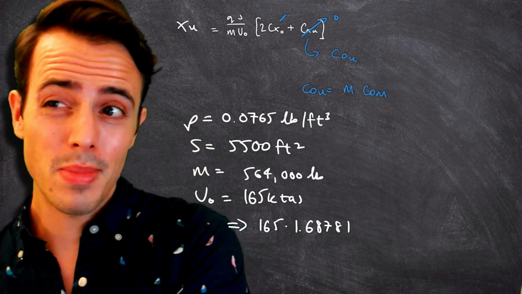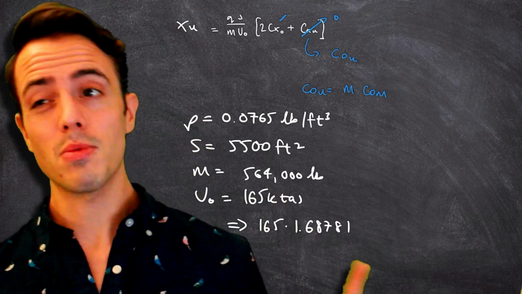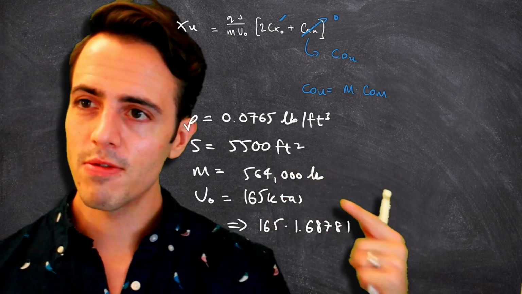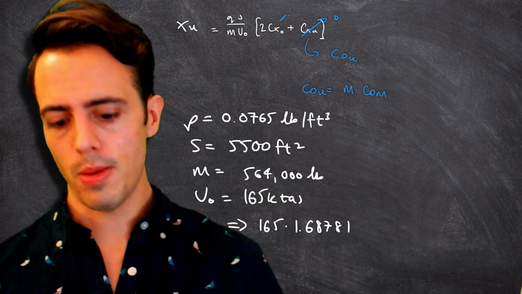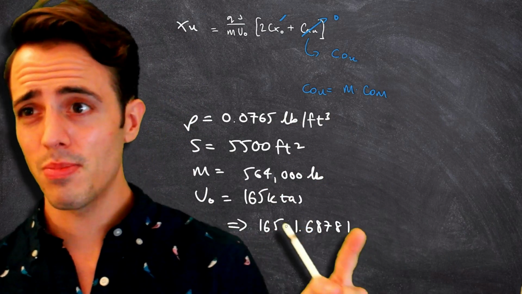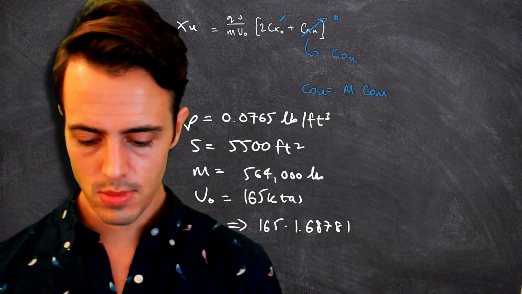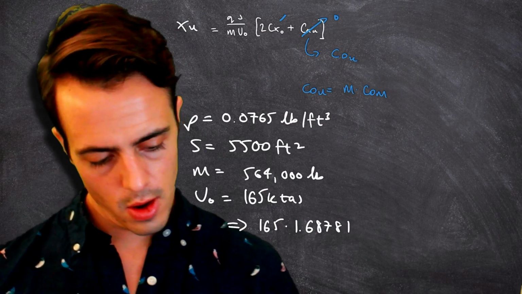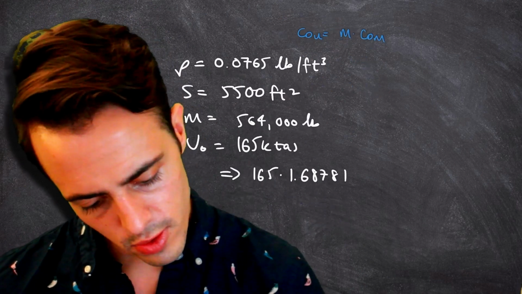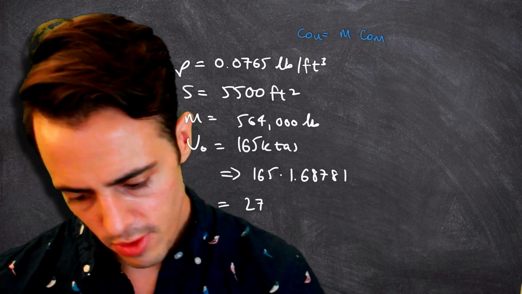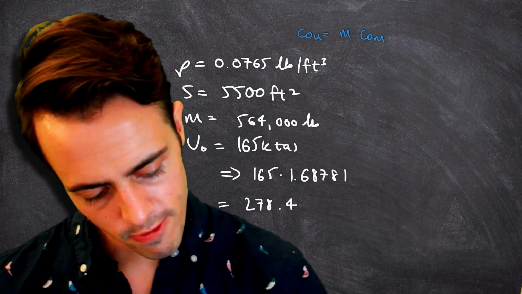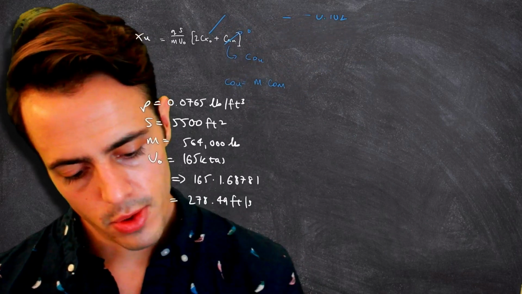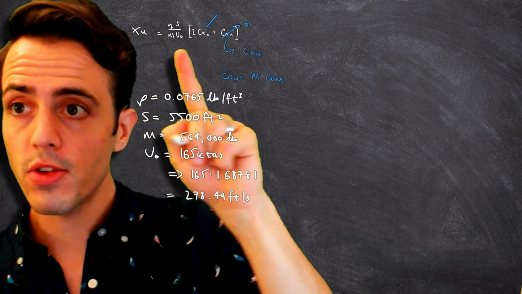Not a number I'd remember. I'd probably convert it to meters per second, which is multiplying by 0.5144444, and then convert it to feet per second by dividing by 0.3048, which actually is just what this number will be now. So this gives us a U-naught of 278.49 feet per second.